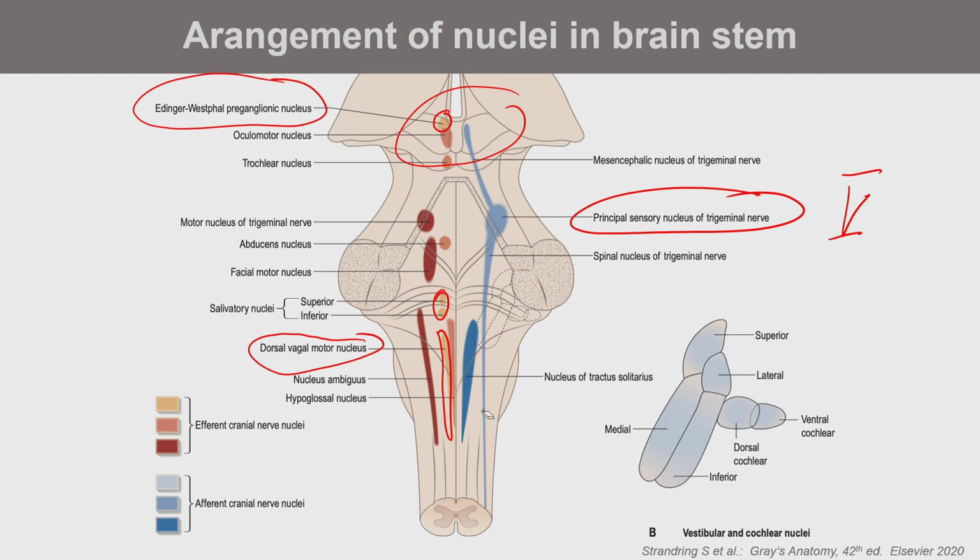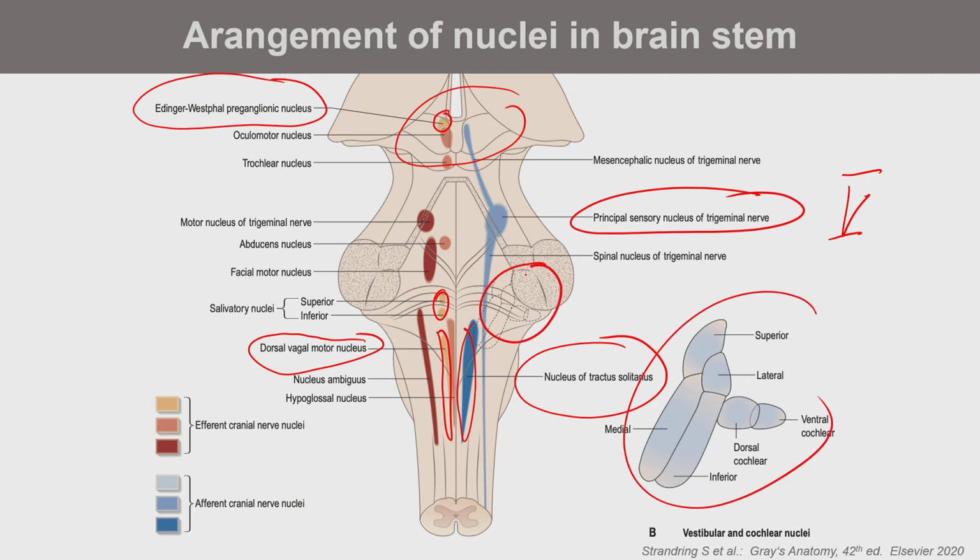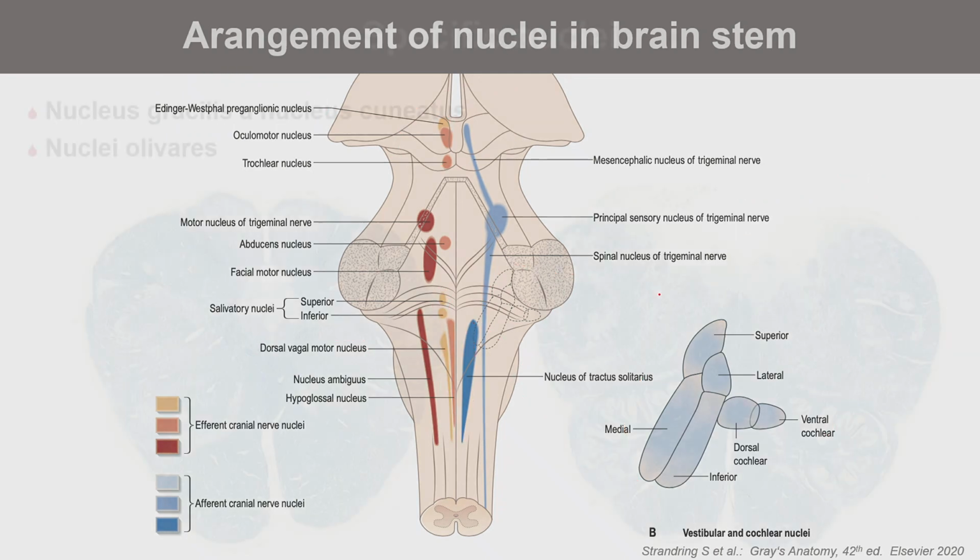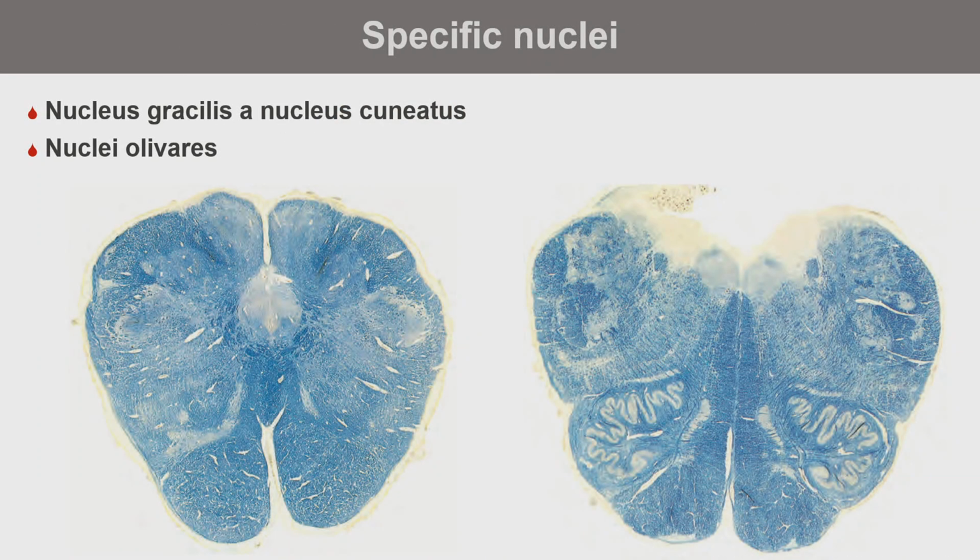And then this is the autonomic, mainly autonomic nucleus, which is called tractus solitarius, or nucleus tractus solitarii, which obtains gustatory information and obtains the information about the tension and filling of the gastrointestinal tube. And then we have here, this space is for vestibular and cochlear nuclei. So, those are motor and sensory nuclei.